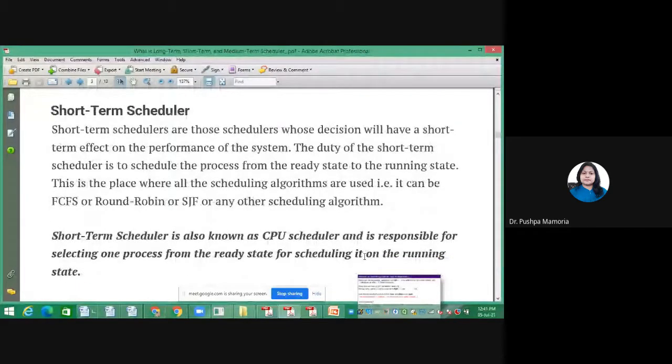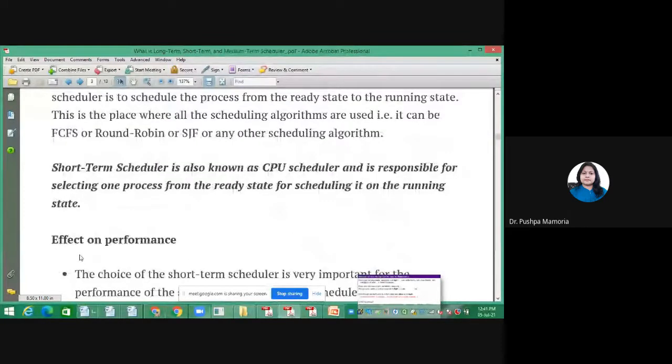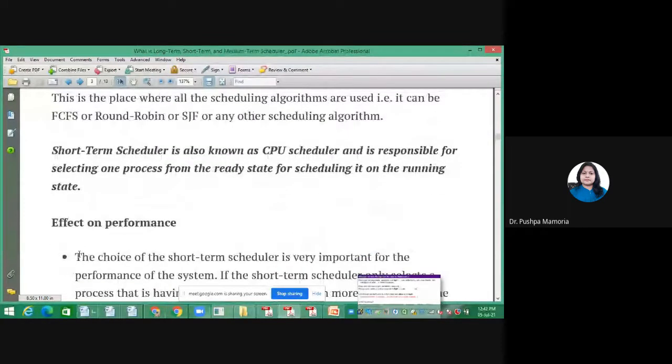And that we have also seen in the definition of the CPU scheduler. It selects processes from the memory and allocates the CPU for them. Right? So this is the short-term scheduler, responsible for selecting one process from the ready state for scheduling it on the running state.